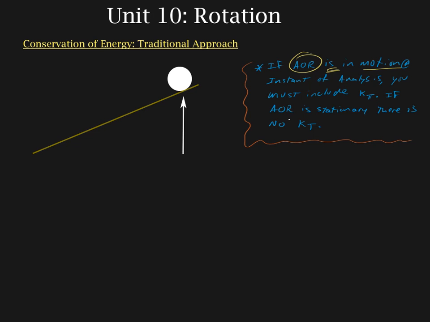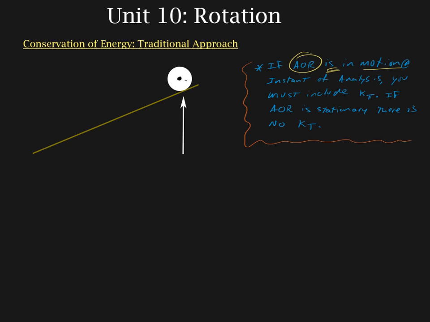If the axis of rotation is stationary, there is no K translational, and that's because the new moment of inertia that you're going to use will have already accounted for the additional energy requirements of a center of mass being in motion. So in this first part, we're going to place the axis of rotation in the traditional way, which we would place through the center of mass. So right here is going to be the axis of rotation for this first part of the problem.